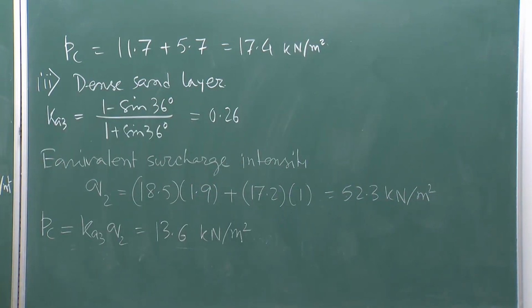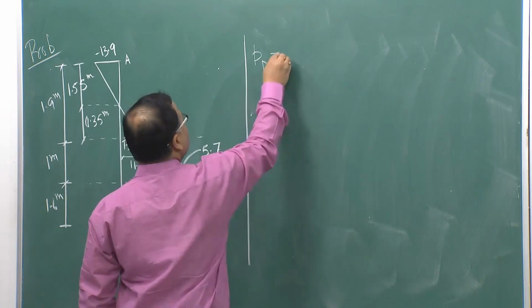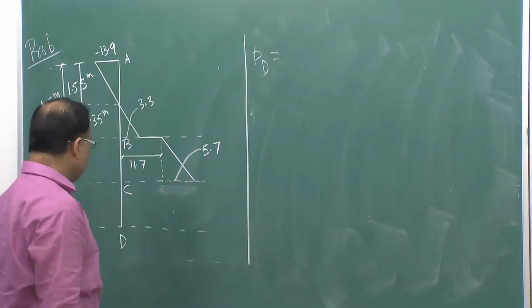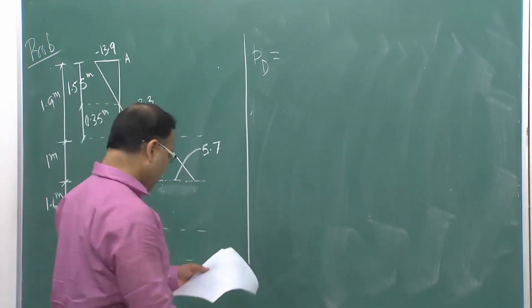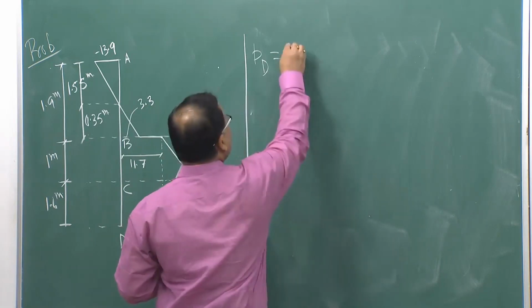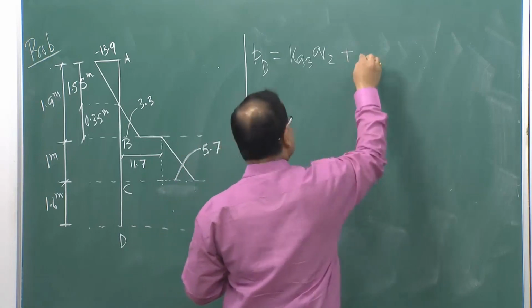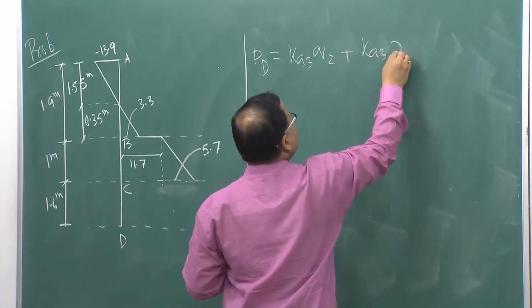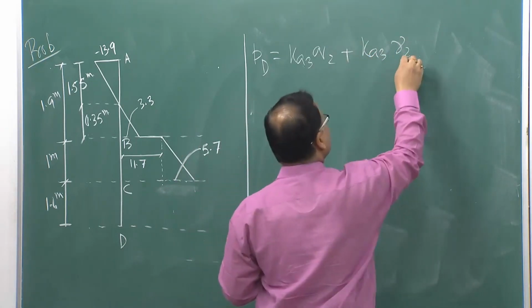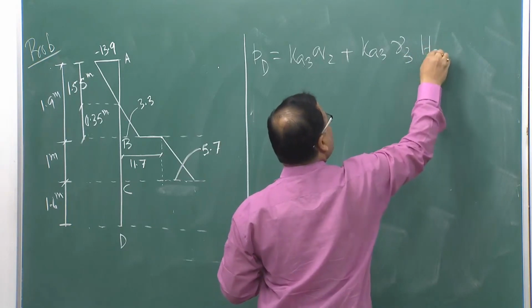Okay. So, similarly, I can find out PD, that is the active earth pressure at point D, that is the bottommost point of the wall. PD is equal to Ka3 Q2 plus Ka3 gamma 3 into H3.